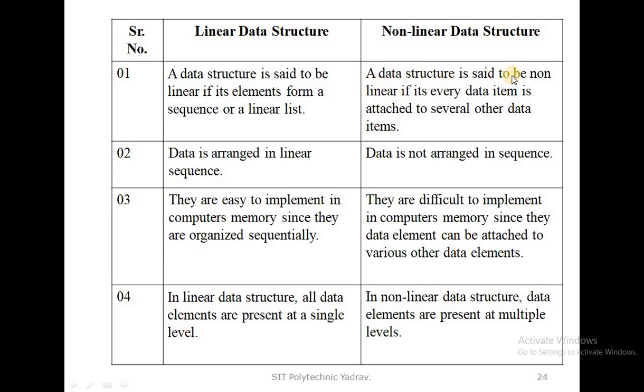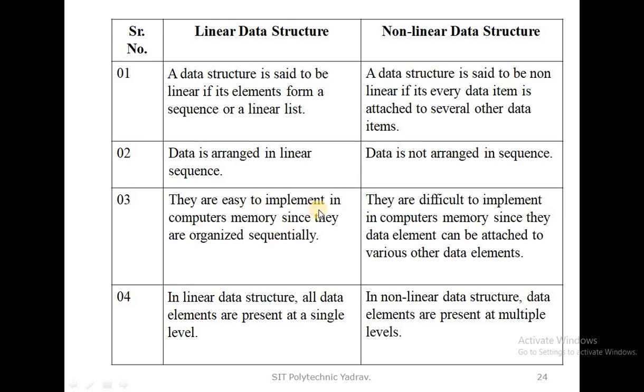A data structure is said to be non-linear if every data item is attached to several other data items. Second point, in linear, data is arranged in a linear sequence, sequentially stored and organized. In non-linear, data is not arranged in a sequence.